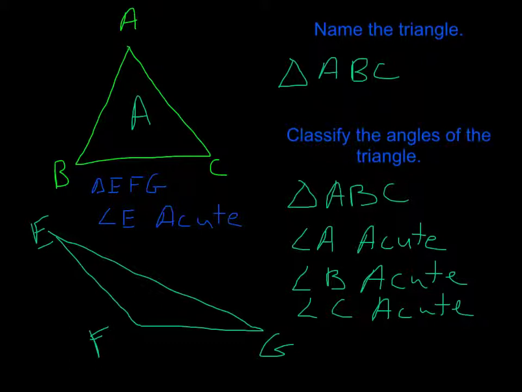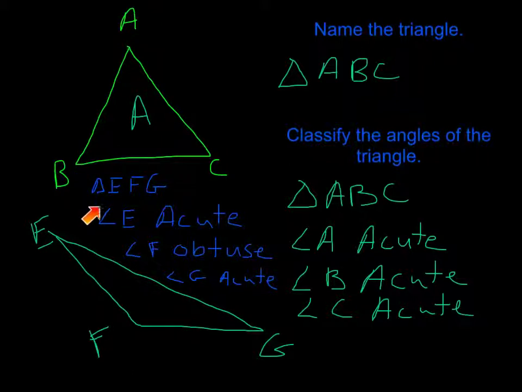I could then say angle F is going to be larger than 90 degrees and less than 180 degrees, so it would be obtuse. And then I could say angle G is going to be acute.